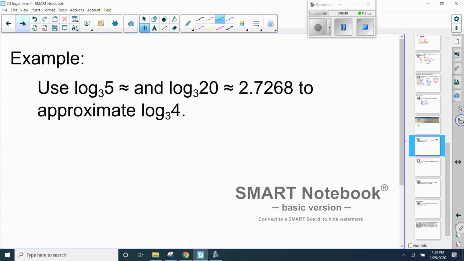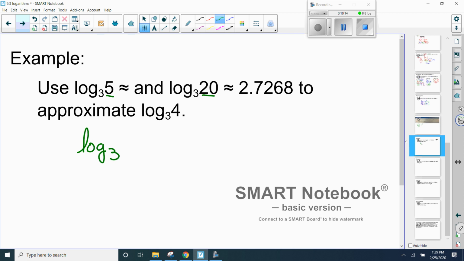So an example, if I gave you this right here, we want to take this argument of 4 and somehow get 4 out of the values that I know. What can I do with those two given logs to come up with log base 3 of 4? Yeah, 20 divided by 5 is 4. So we can rewrite this as log base 3.